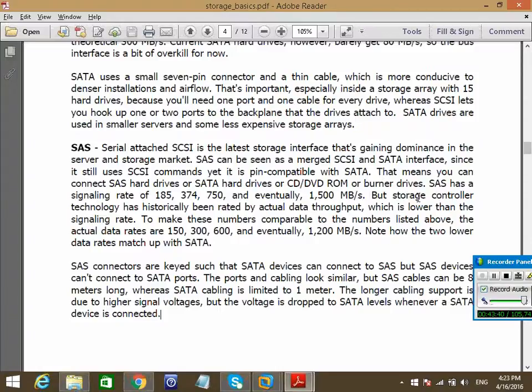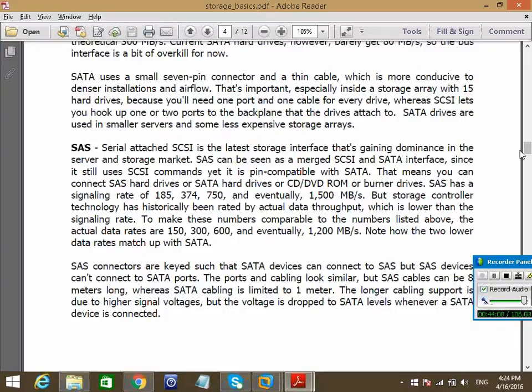Right? That means you can connect a SAS hard drive or SATA hard drive or CD-ROM on a single hard drive. SAS has a signaling rate of up to 115 MB. Okay. But storage controller technology has historically been rated by actual data throughput, which is lower than the signaling rate. To make these numbers comparable to the numbers above, the actual data rates are this one.